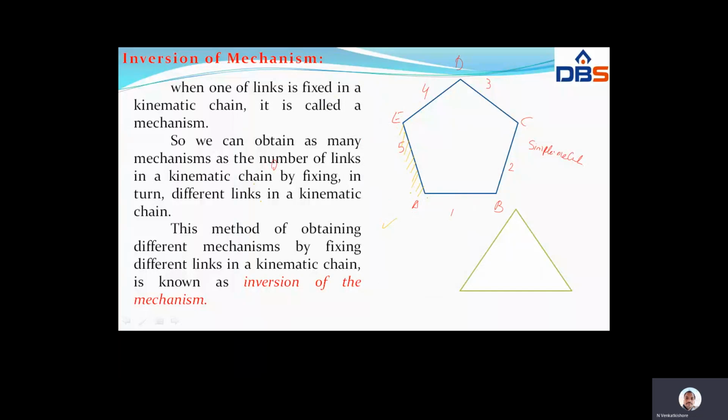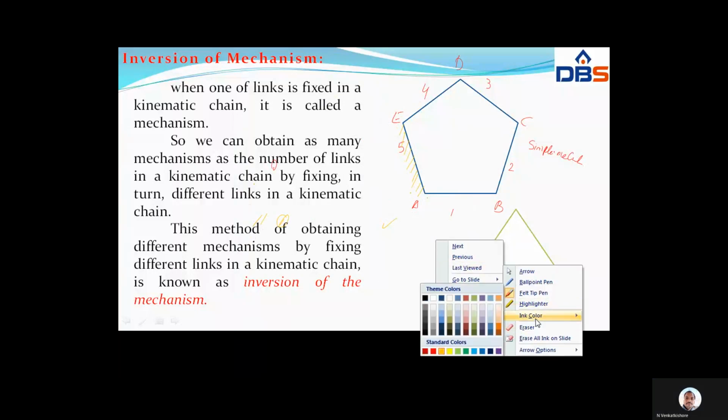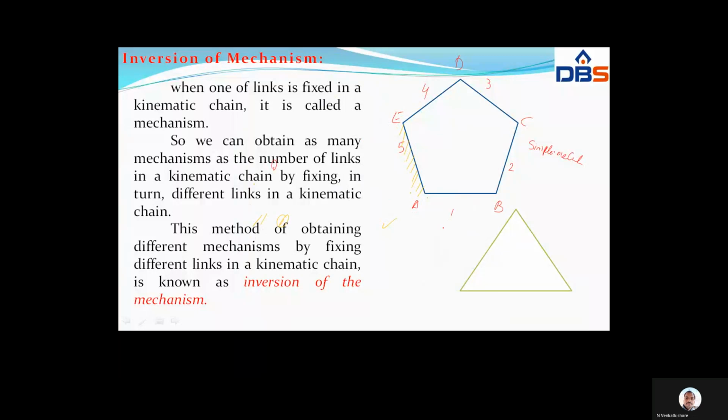So the inversion of mechanism means, from the original, if you fix AB, if you fix link 1, we achieve a mechanism. If you fix the second link, we will get one more mechanism which is different from the original one.